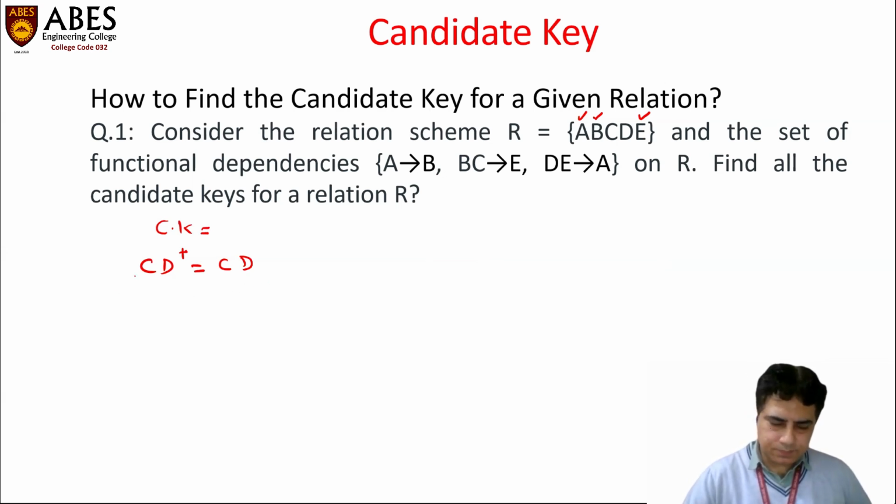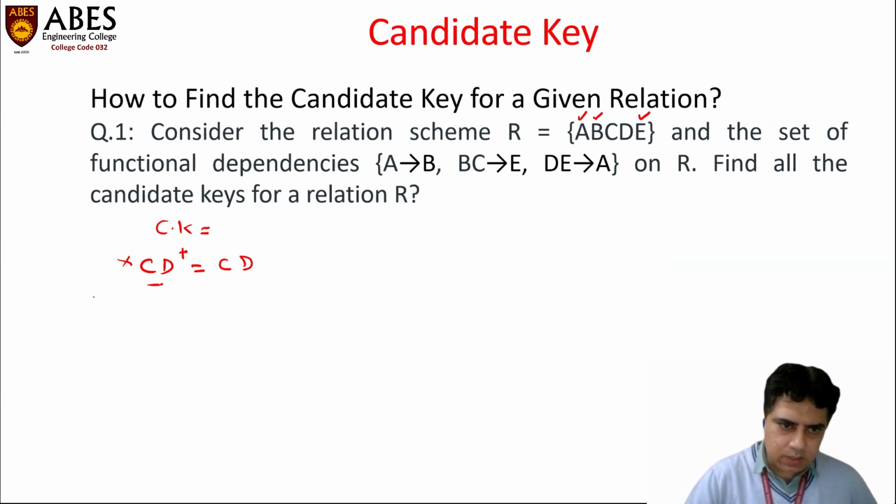So now this is not the candidate key. Now we have to pair this with another attribute. These CD are the missing attributes from the right hand side, so these must be part of the candidate key.